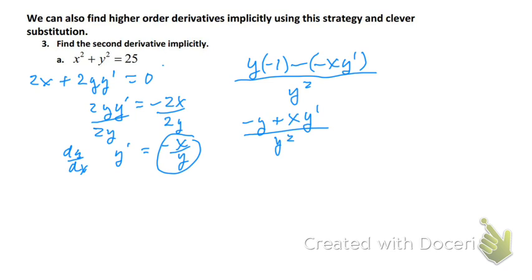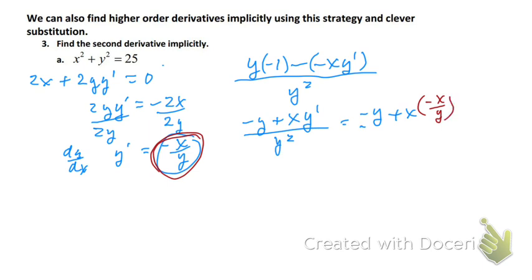But here's where the trick comes in. That means negative y plus x times, what's y prime? What was our first derivative? Minus x over y. See, I'm taking what we got over here and just plugging it in.